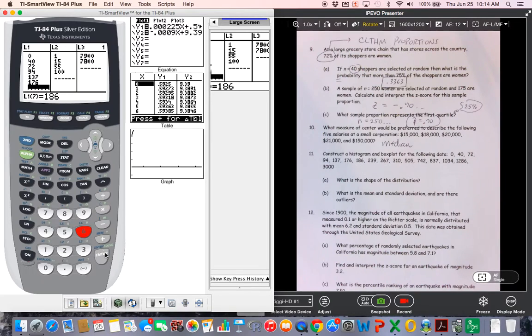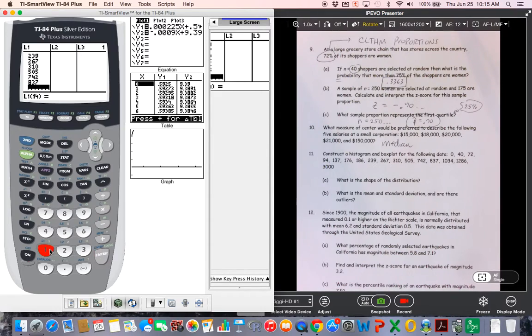Hopefully I'm seeing this correctly. 239. This is boring. 267, 310, 505, 742, 837.